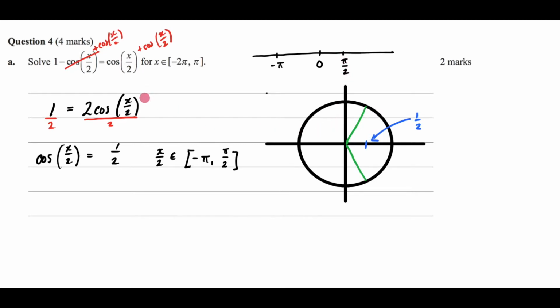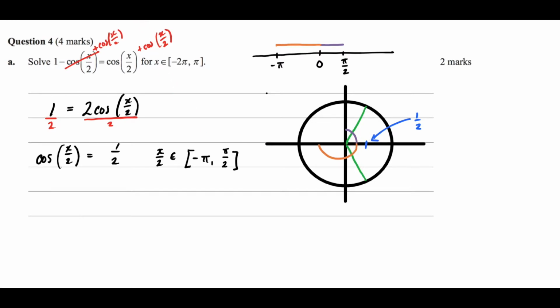So I can only consider values which are from here to here, which on my unit circle would correspond to this region right here. And I can also only consider from 0 to negative pi. So only within these regions can I have answers.